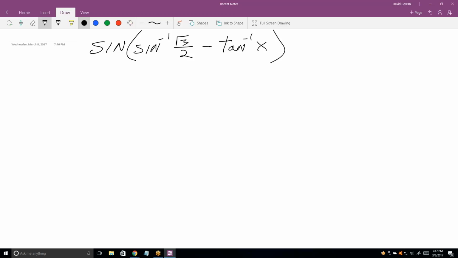Okay, what's the first thing I want to do? Either label them alpha and beta or draw triangles. Yeah, I like this step first.